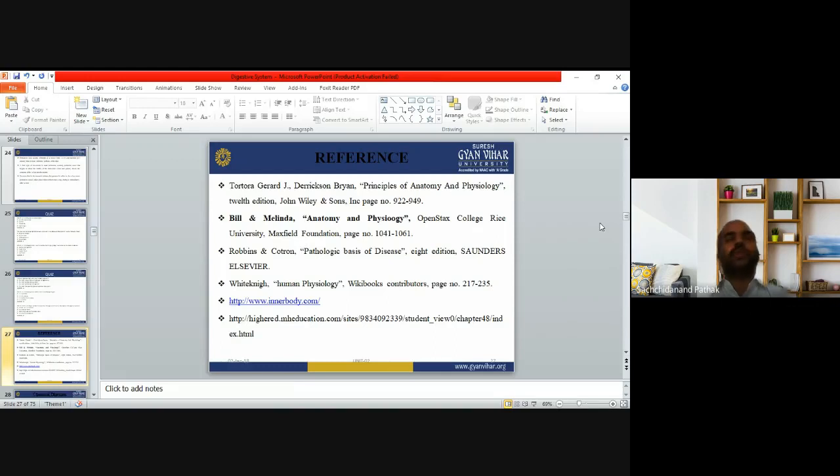So in this process, we know all the things about the intestines. What is mechanical digestion? What is chemical digestion? That means how mechanical digestion occurs and helps in digestion and absorption. Similarly, how chemical digestion helps in the digestion and absorption of the small intestine.